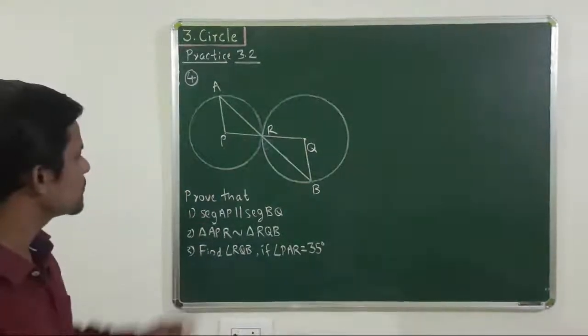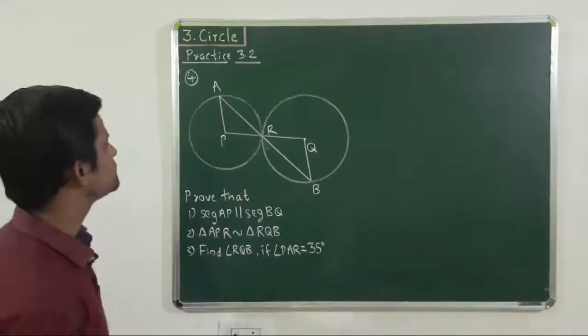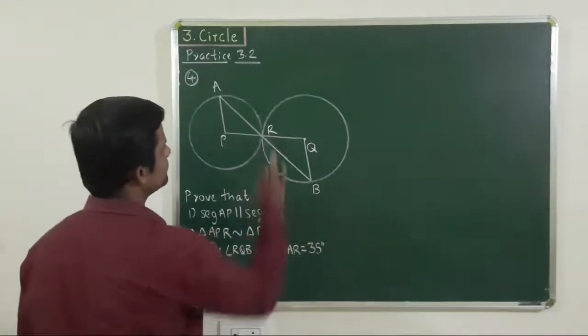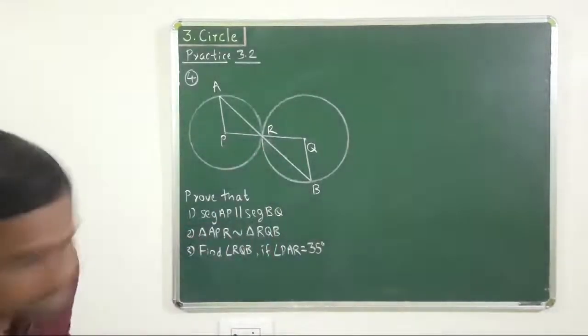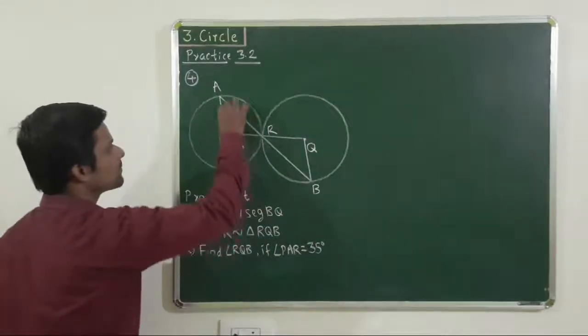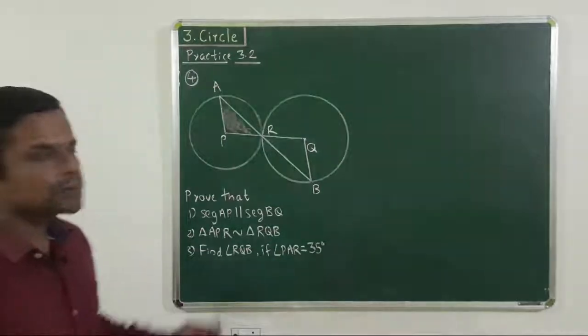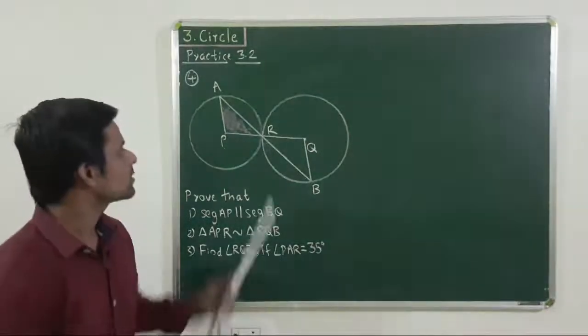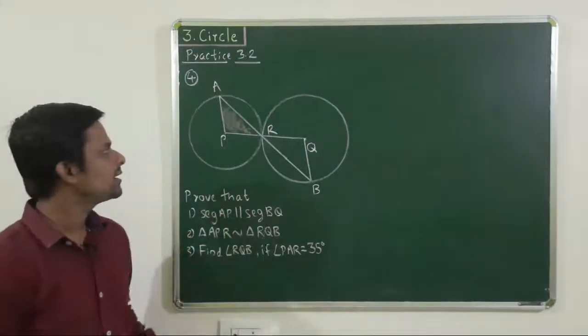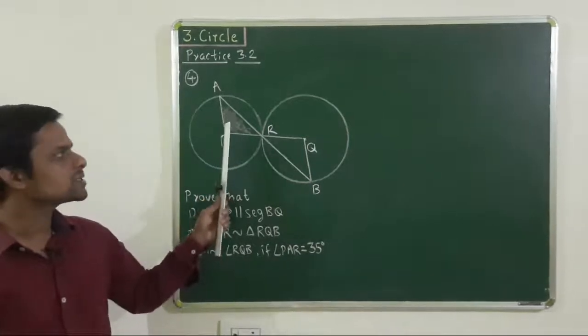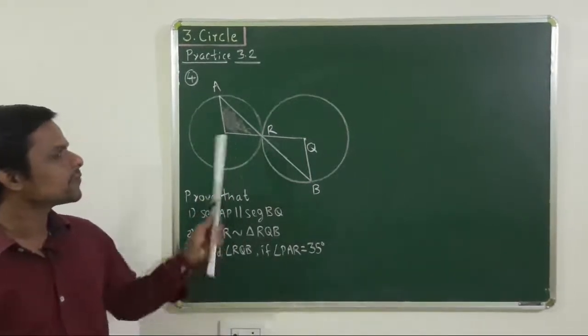First, we have to prove AP is parallel to BQ. For that, observe this triangle APR. What is the type of this triangle? Can you find?